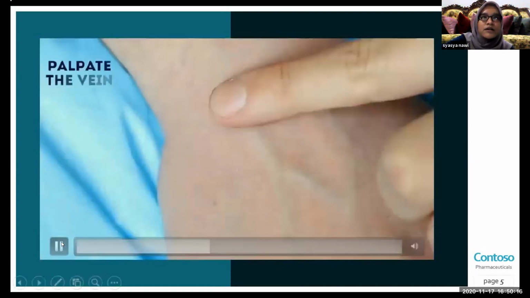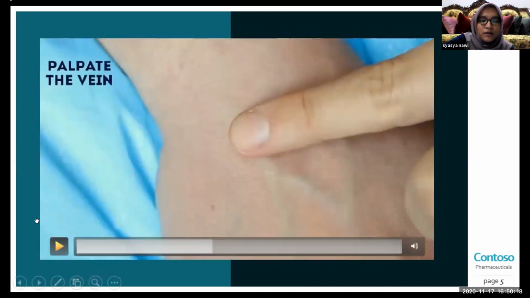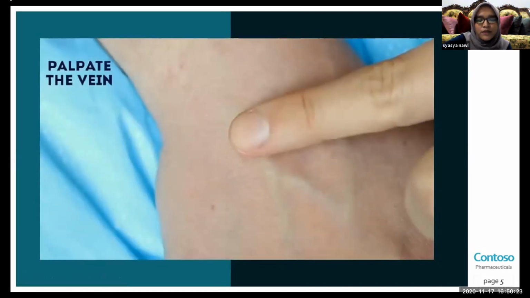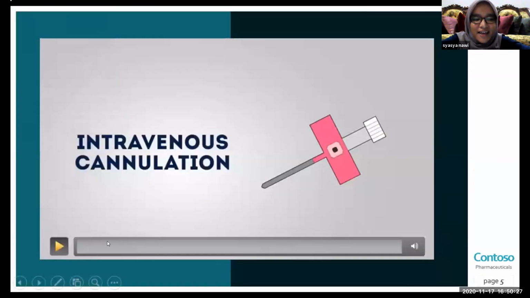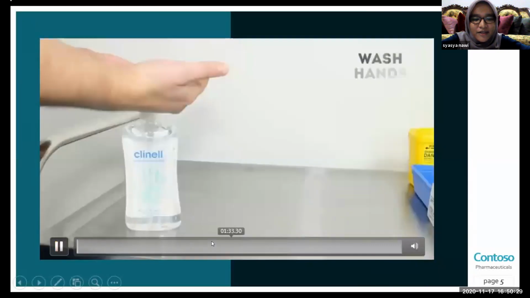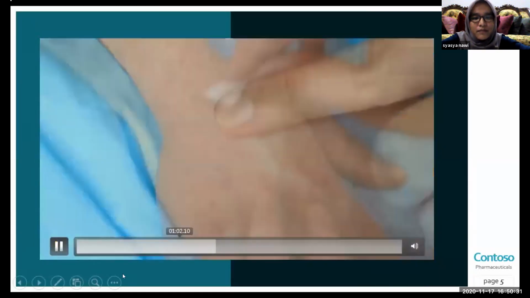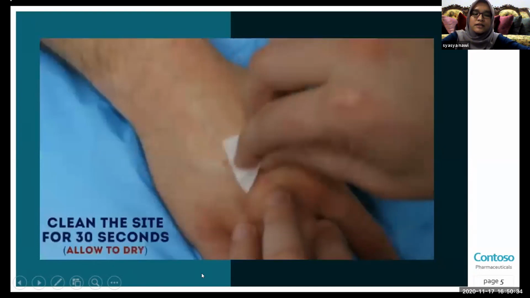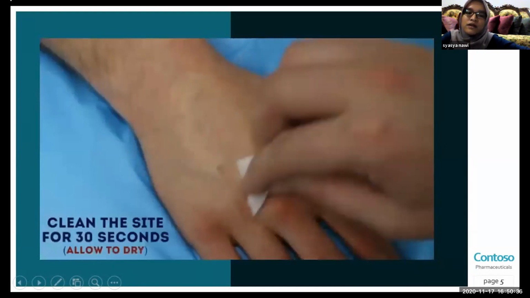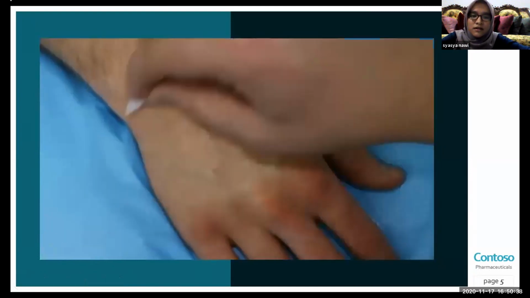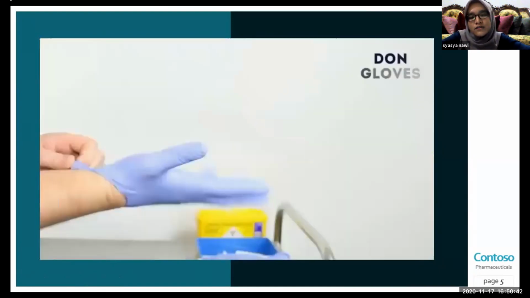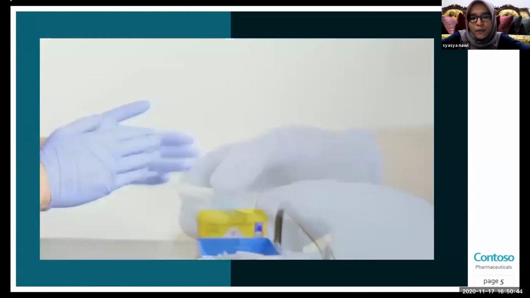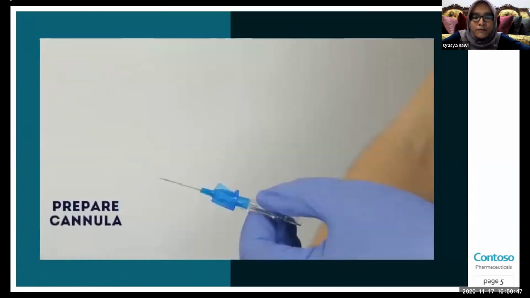Basically, it will be around 5 to 10 centimeter above the vein that we have chosen. After that, we palpate for the veins and clean the site for 30 seconds using the alcohol swab. Allow it to dry. After that, again hand hygiene, donning the glove, and then prepare the cannula.